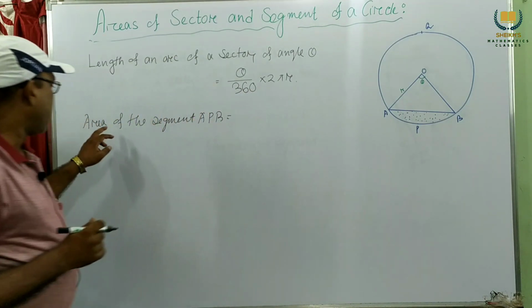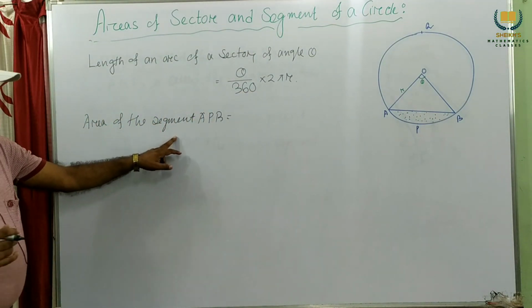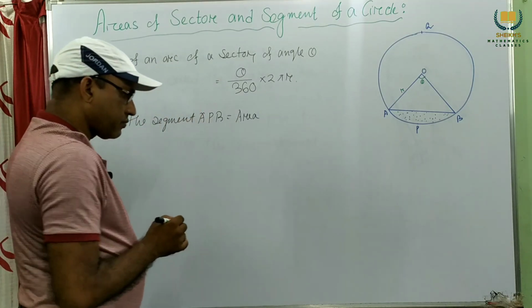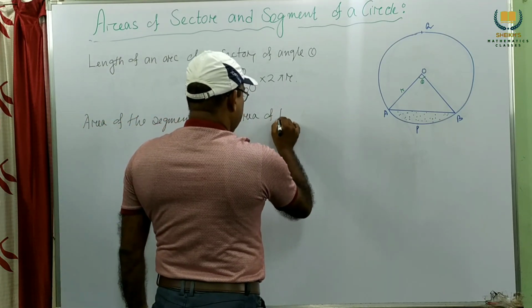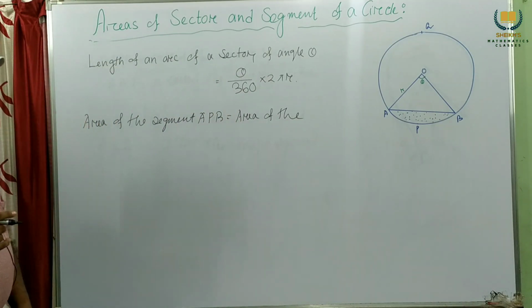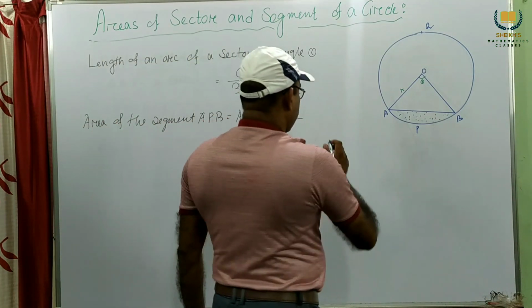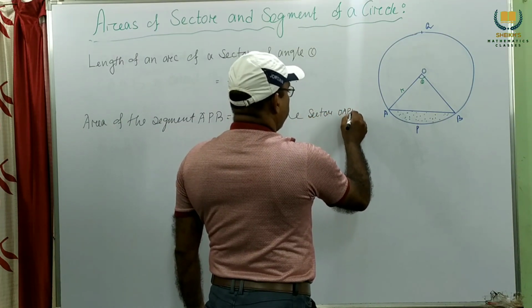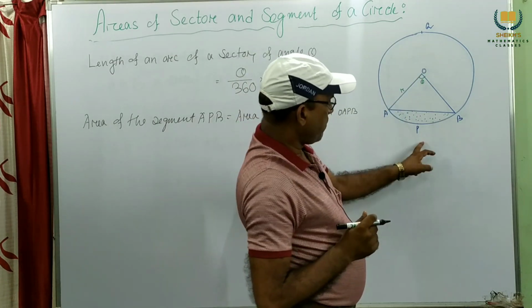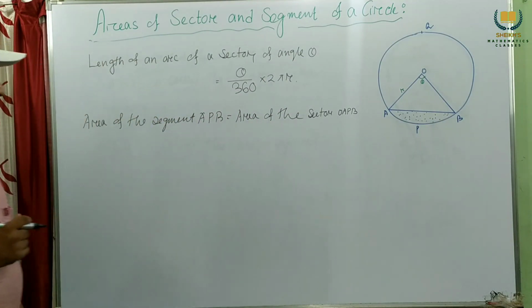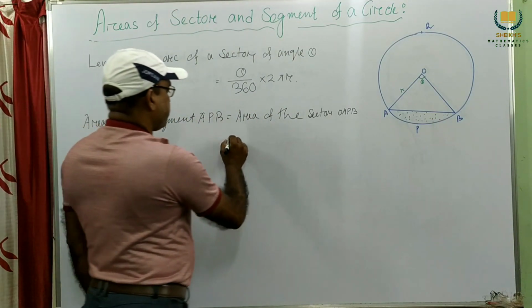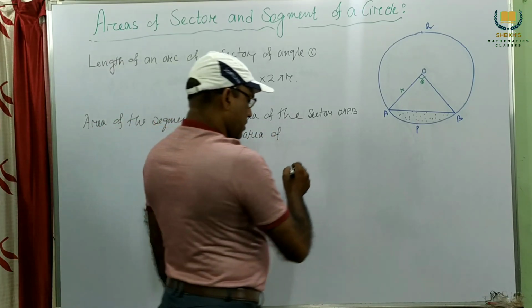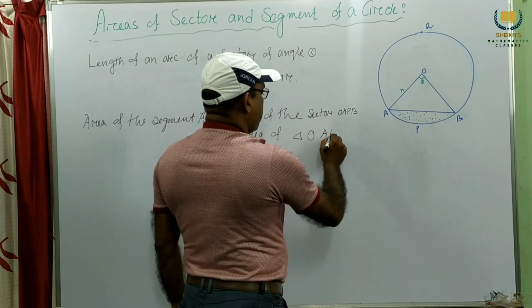Area of the segment APB equals area of the sector OAPB minus area of triangle OAB.